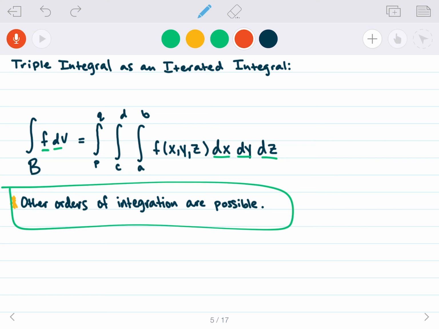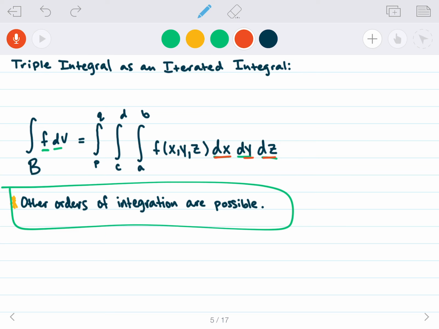And then we have our integrals with our bounds here. And here we have dx, dy, dz. So integrate with respect to x first. This a to b corresponds to the x values. The middle one is dy, and the last one is dz. But an important note is that you can change the order of integration around if you want.